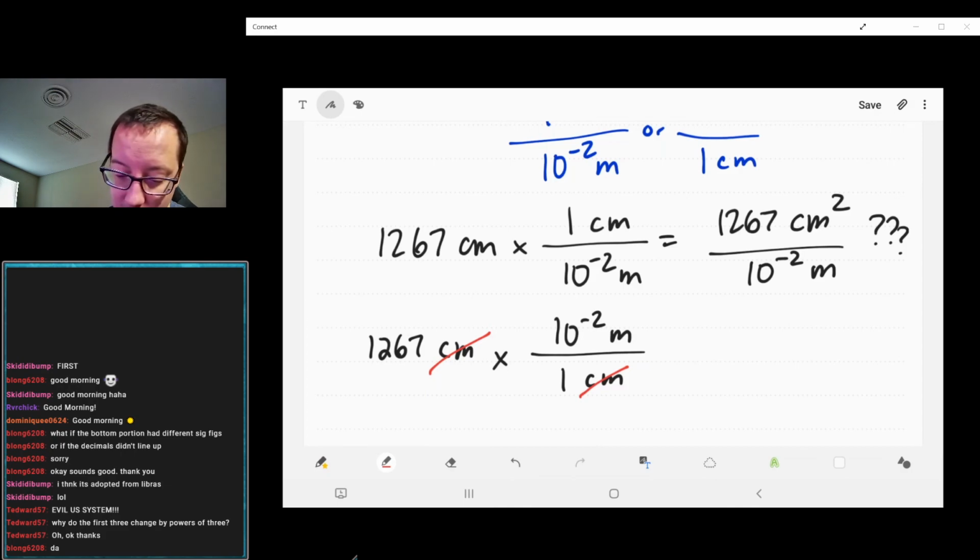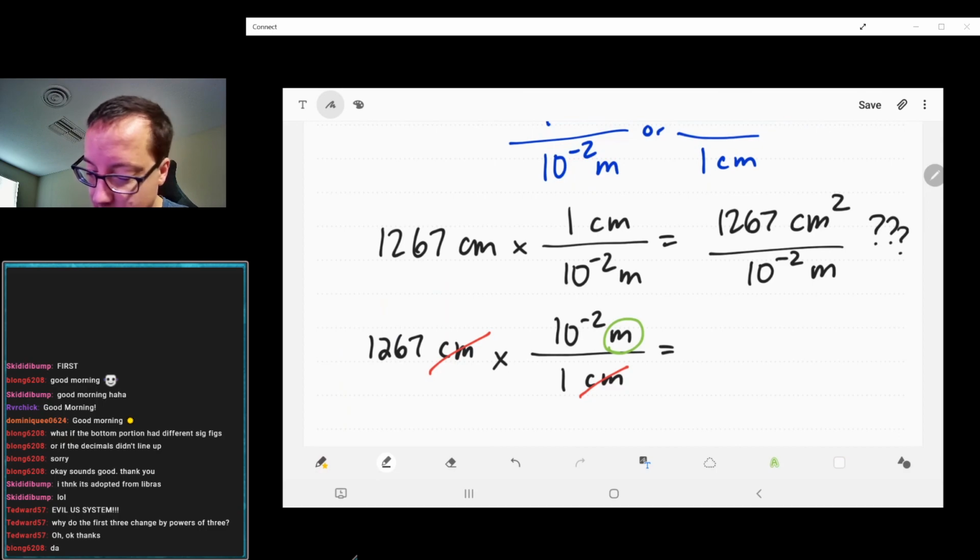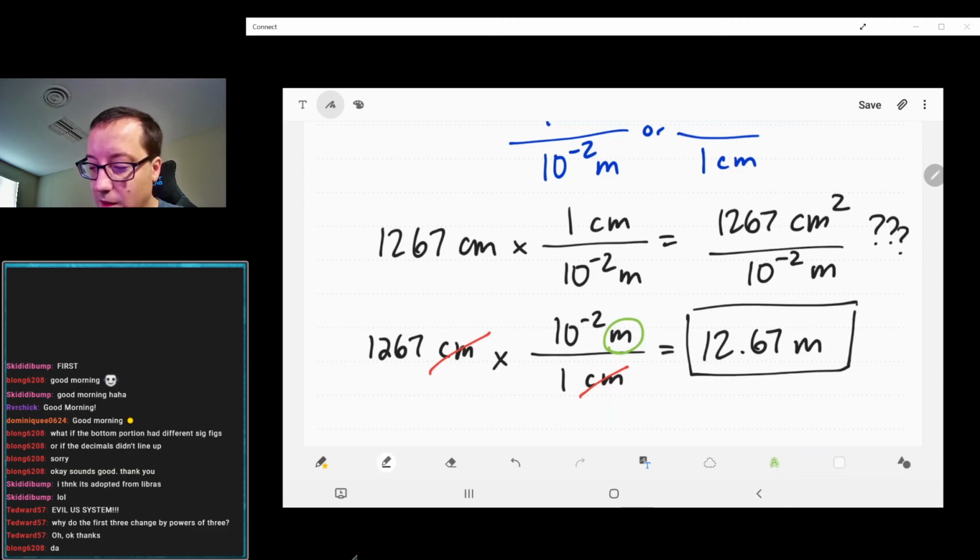And so we are now left with the units of meters. We ended up canceling out our centimeters, and we're going to end up with the unit that we want, which was meters. So doing this, we're going to get 12.67 meters. I'm just multiplying them across there. And that would be our happy answer for seeing how many meters that centimeter thing was equivalent to.